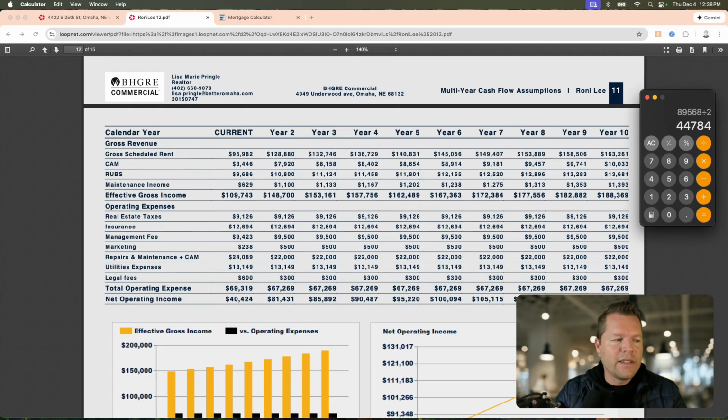Now, granted, this does not include a mortgage. So you always have to remember that. If this thing was financed 100%, that was what, $89,000? So maybe in year 4, best case scenario, you would finally break even and stop subsidizing this thing.